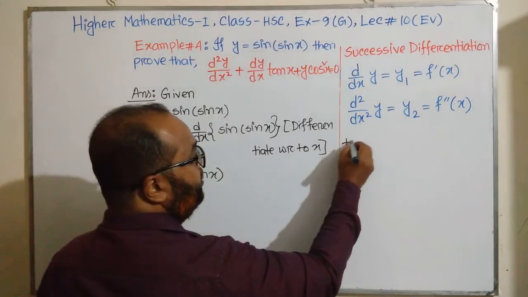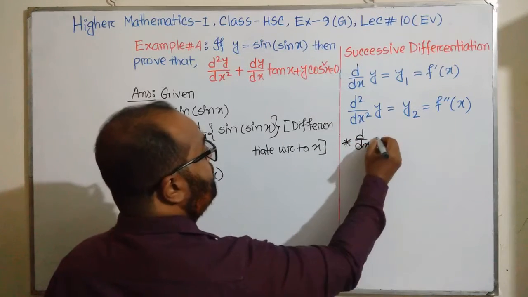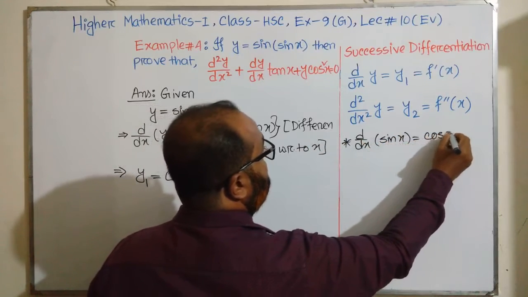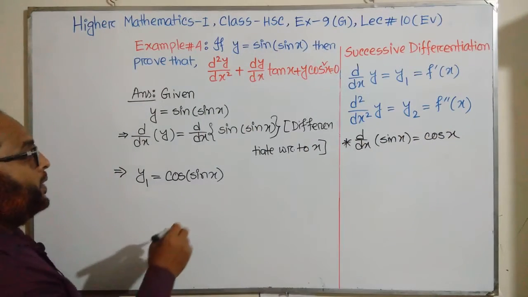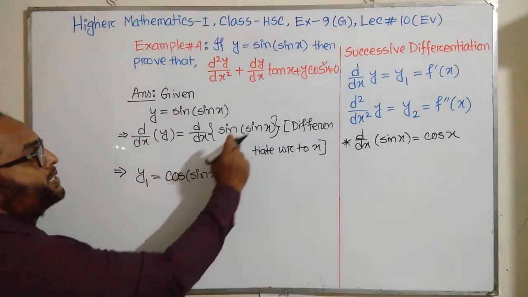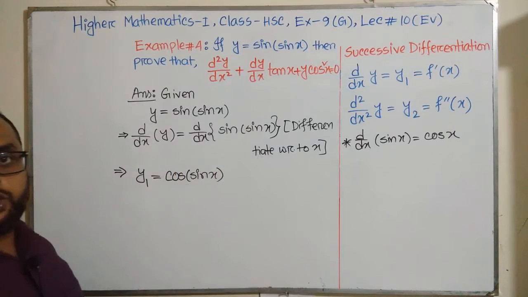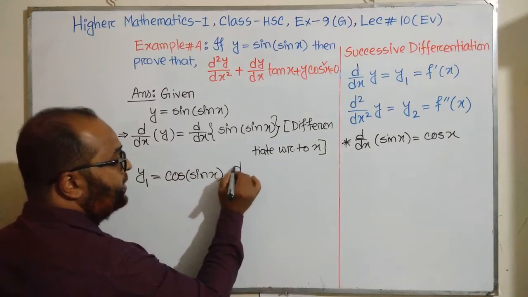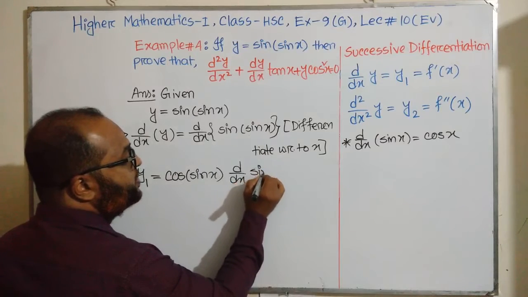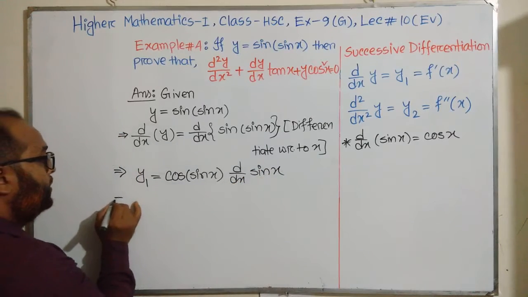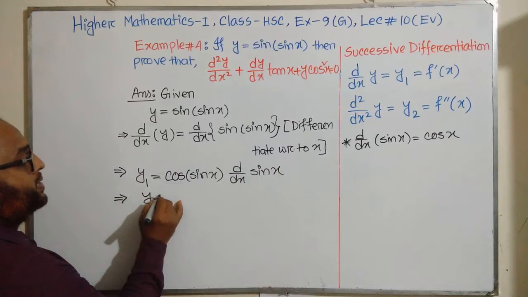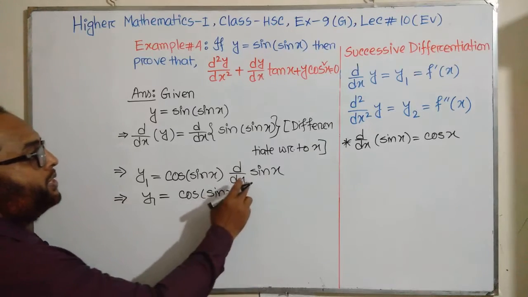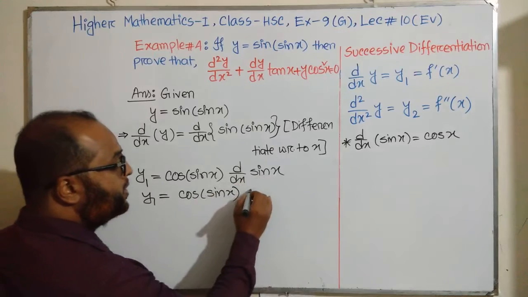Here we use a formula: d/dx of sin x is cos x. Here we consider sin x as x and we apply the formula of differentiation. For this reason we have to differentiate sin x again, that means d/dx of sin x, so y1 equals cos of sin x into d/dx of sin x, this is cos x.